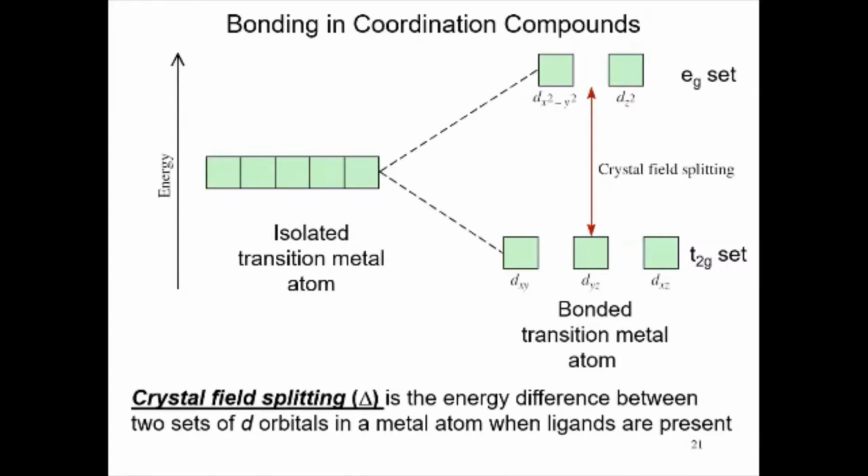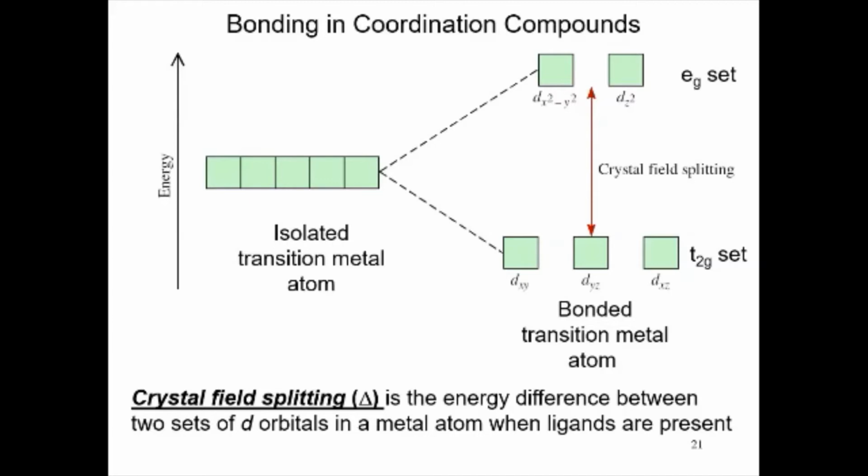What is important is that the difference in energy between those two sets is what we call the crystal field splitting, and we use the Greek letter delta for it. It is the energy difference between the two sets of d orbitals in the metal atom when the ligands are present. Again, remember, the ligand donor atoms are not overlapping orbitals with any of these d orbitals.